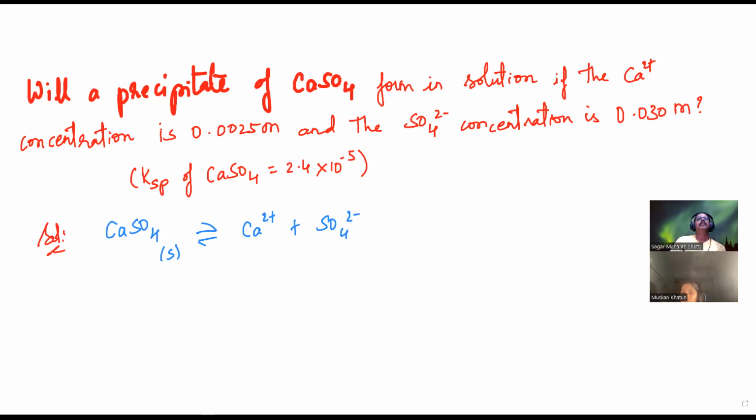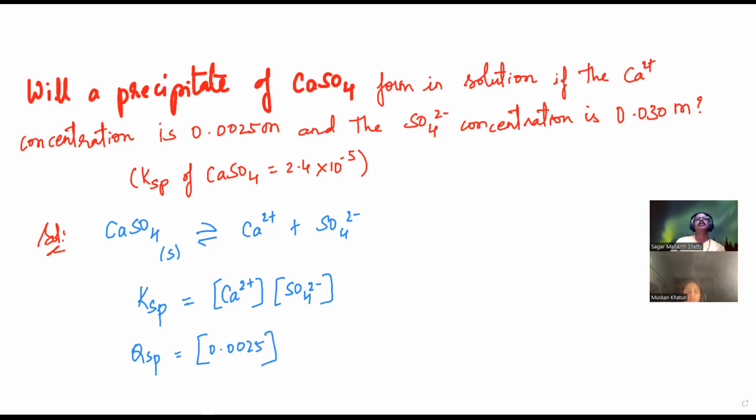So if you write the solubility product, that should be equal to calcium 2 plus times sulfate. Let's write the QSP value here. So how much is the value for calcium here? 0.0025 times 0.030.